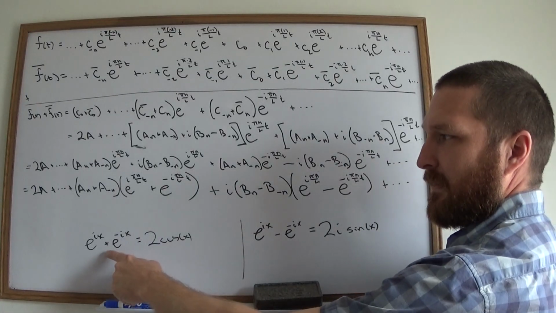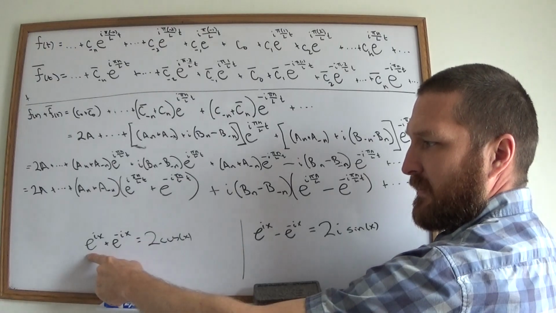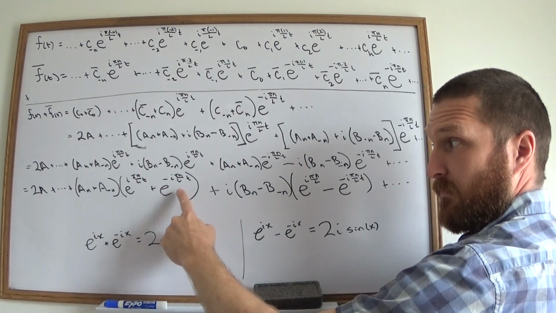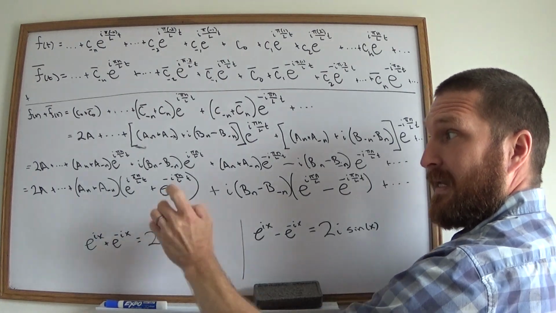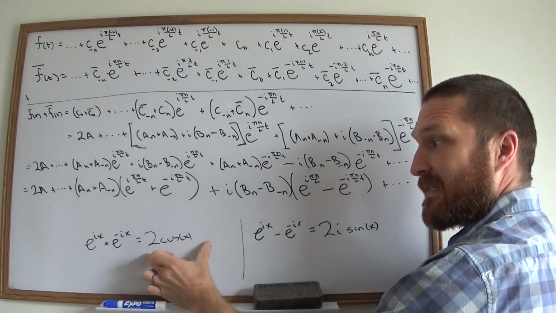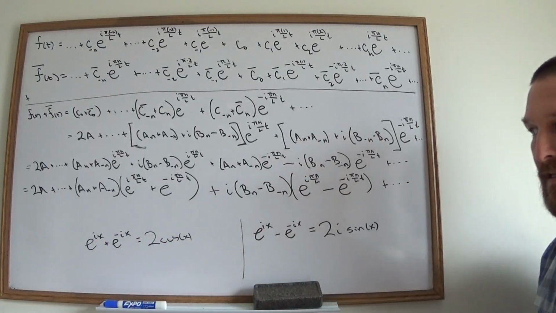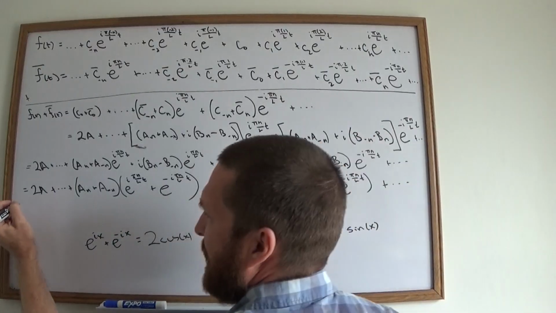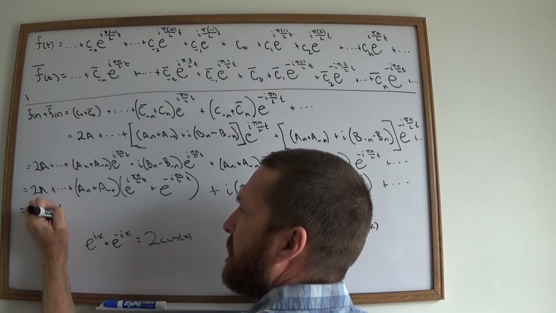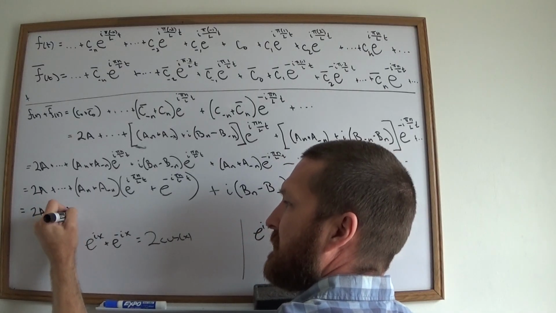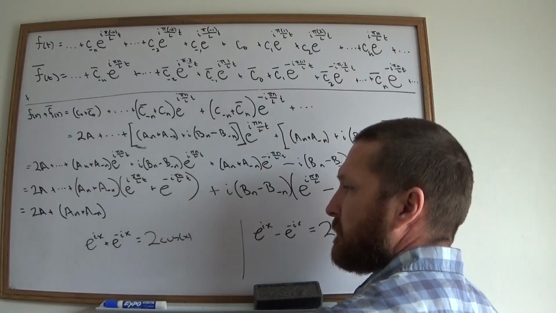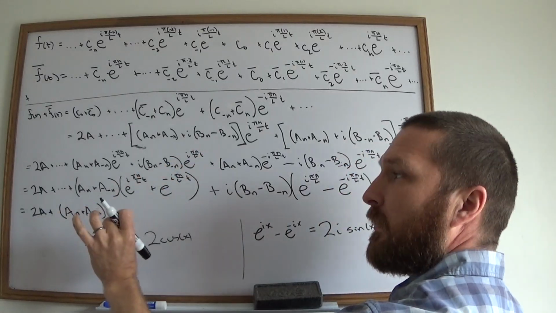Now, here we go. Look at this. e to the i stuff plus e to the minus i same stuff, which is exactly what we have here, is the same thing as 2 times cosine of the stuff without an i in it. So I have 2 times a n plus a negative n, some real number, right?